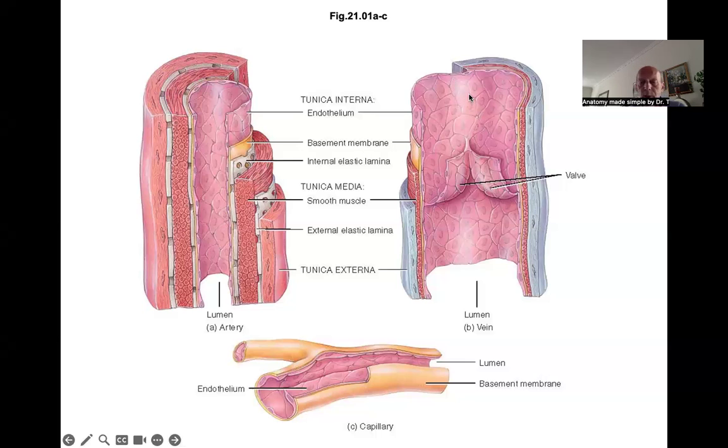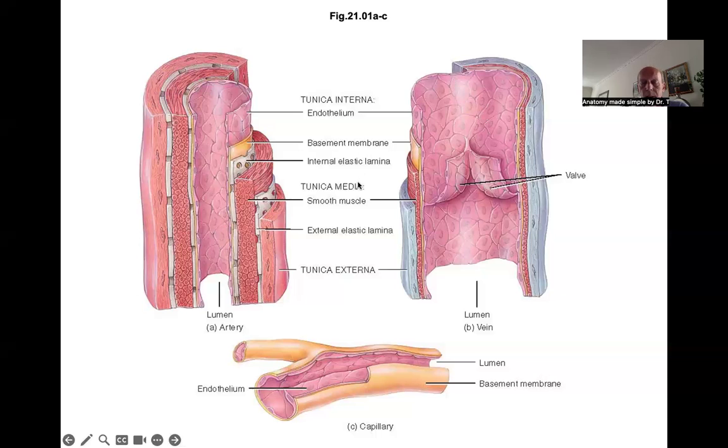The gravitational force would naturally allow blood to pool down in the lowest parts of our lower limbs, in our feet, in our legs, around our ankles. But with this kind of simple yet very effective mechanical mechanism, we are practically preventing reversed, so-called retrograde flow of blood. That is the innermost layer, tunica interna.